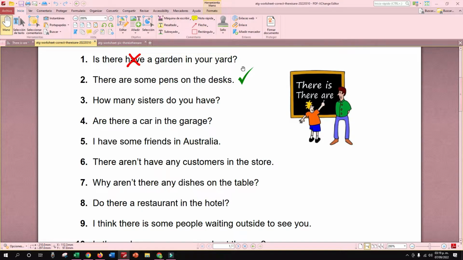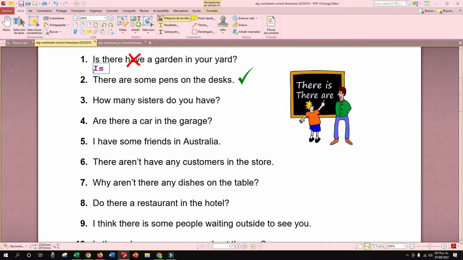Está incorrecta, ¿verdad? Porque cuando ustedes están utilizando la estructura there is, or there are, no tenemos que utilizar el verbo have. Entonces, is there a garden in your yard? That will be the correct one.